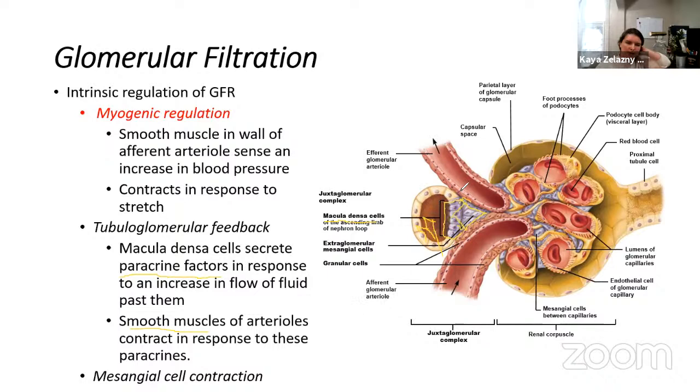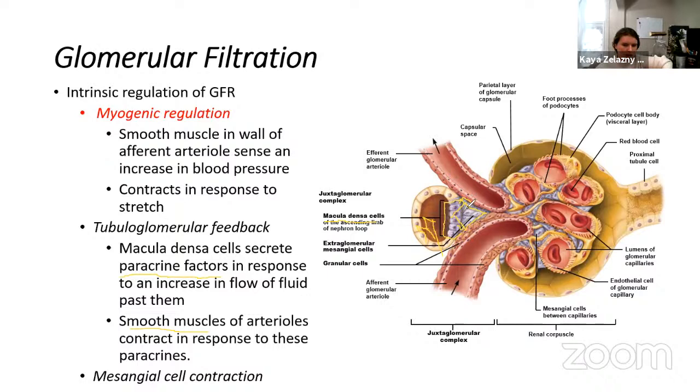So basically, they're responding to the fact that, for example, blood pressure has risen, so the glomerular filtration rate went up. We have tons of fluid going through the nephron, coming really fast, shooting past these macula densa cells. They sense that there's too much fluid there, that it's too fast, so they say, hey, slow down, to those muscle cells surrounding our arterioles.